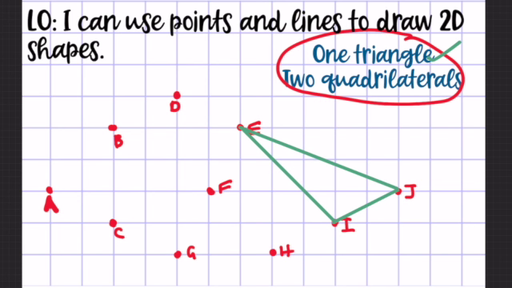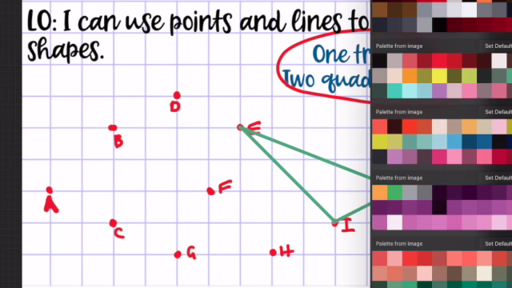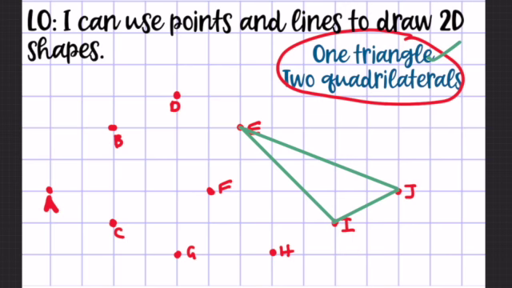I'm now going to draw a quadrilateral. A quadrilateral has 4 sides. You can remember we used the idea of a quad bike, which has 4 wheels. So I'm going to find 4 points that I think would join together to make a quadrilateral. So I'm going to go from A to B. If you have got different coloured pencils, you can use them.